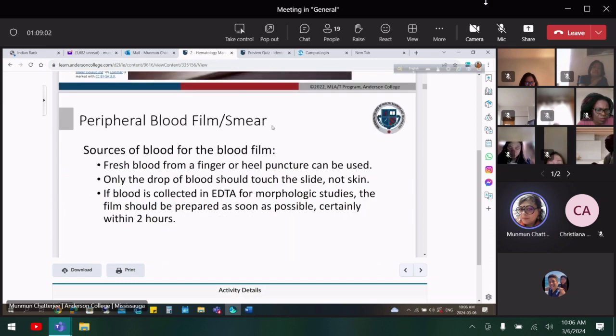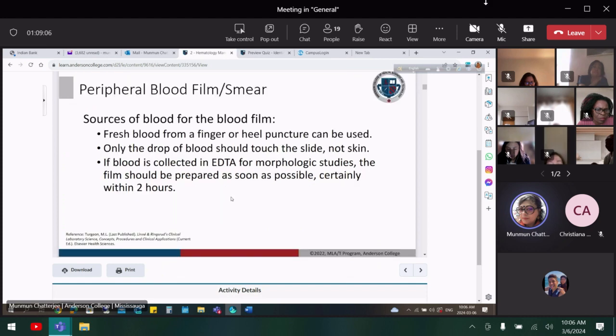Peripheral blood film smear: sources of blood for the blood film. From where are you going to get it? You can get it from the EDTA tube, or from a finger or heel puncture. Only the drop of blood should touch the slide, not the skin, when you are taking it. If the blood is collected in EDTA for morphological study, the film should be prepared as soon as possible, certainly within 2 hours.